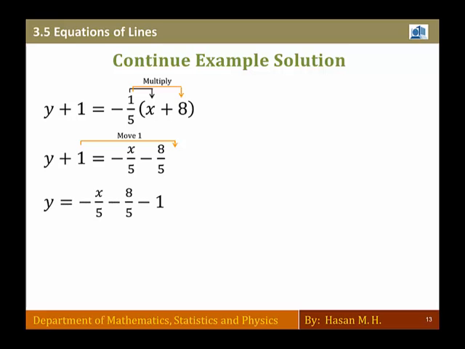We will have y equals -x/5 minus 8/5 minus 1, which is equal to -x/5 minus 8/5 minus 5/5, which is y equals -x/5 minus 13/5.